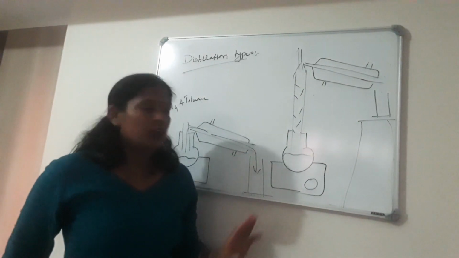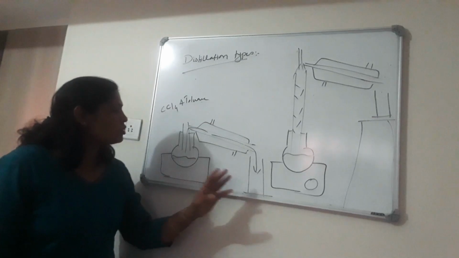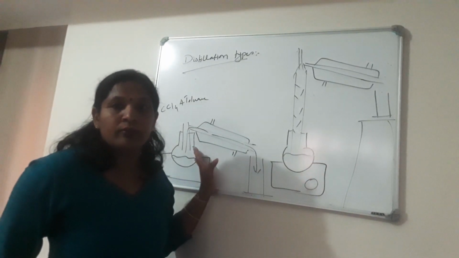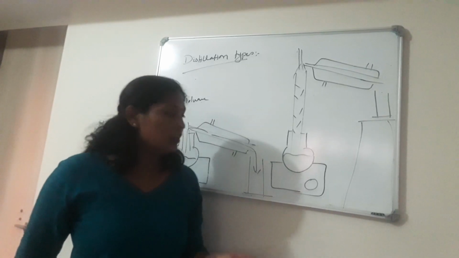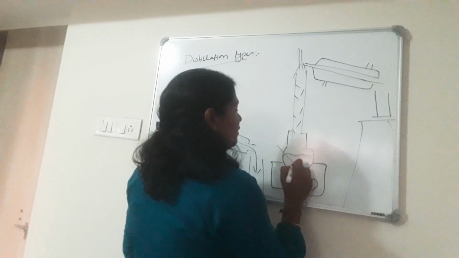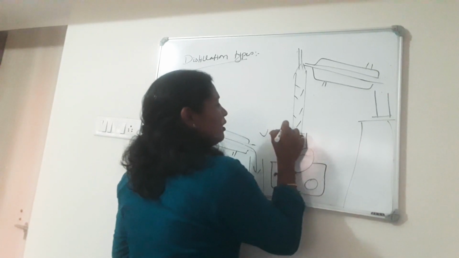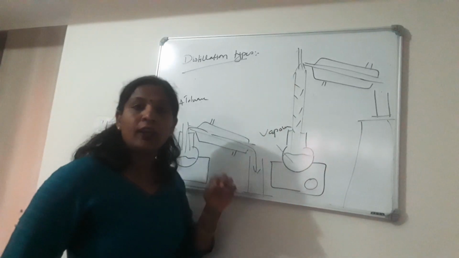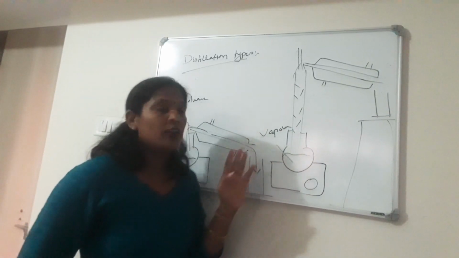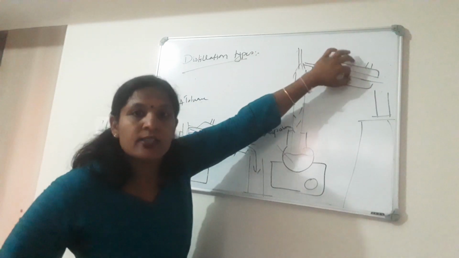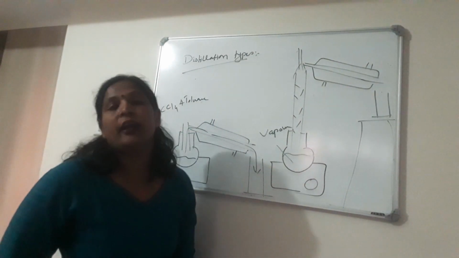What is the difference between these two? You can see directly: here we are using a column, and here we are not. As the temperature increases, vapor will form, and this vapor always has a tendency to go up. When it reaches the top, it comes into the condenser, condenses and comes back.